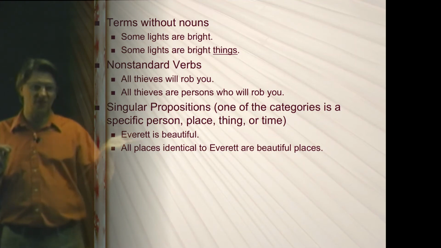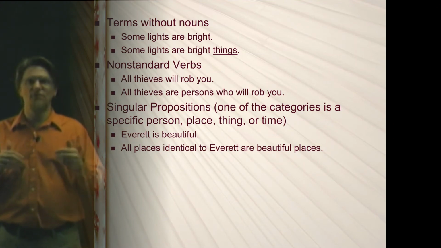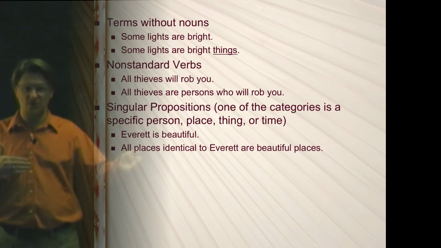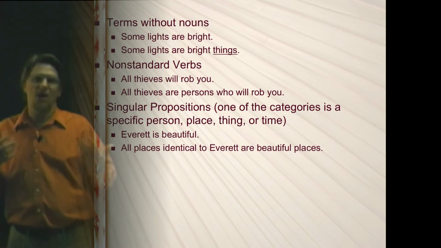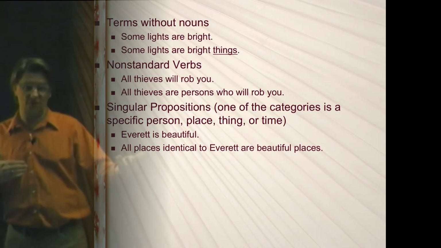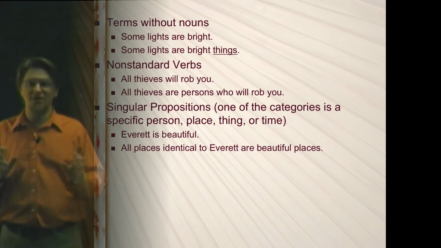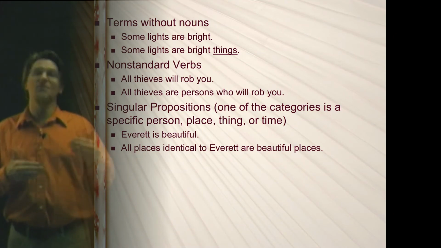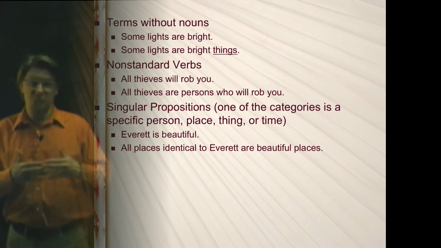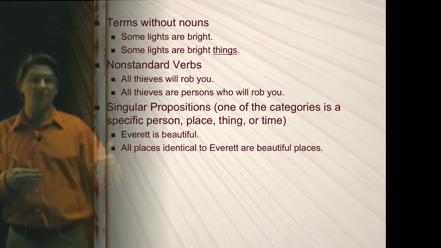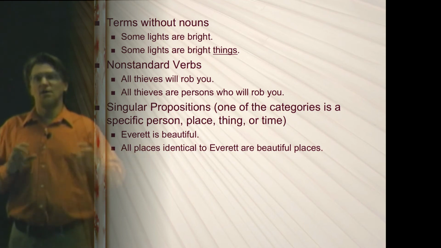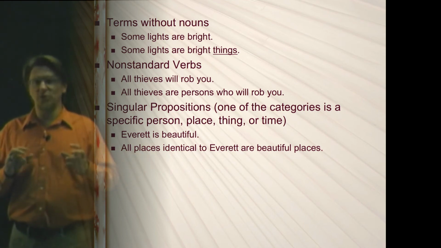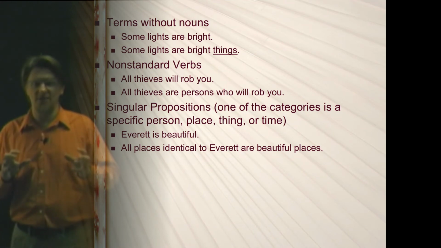Just going back to the example here on the screen, right? If you said, instead of saying all places identical to Everett, if you said something like, all places similar to Everett are beautiful places. Well, that doesn't quite cut it, right? Because there might be more than one place that is similar to Everett, but perhaps some of those other places are not beautiful. The reason we use identical to is because it enables us to pluralize the subject term, right?